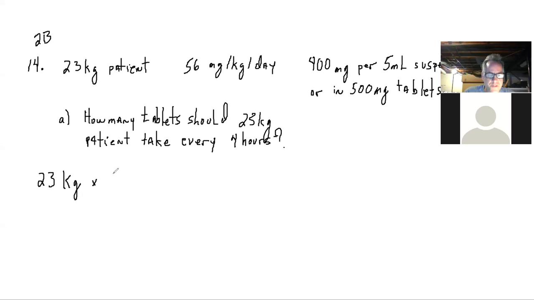So this is multiplication. 56 milligrams per kilogram. So notice these kilograms are going to cancel out already as I multiply those together. And then we also had per day. So I'm going to write that in.